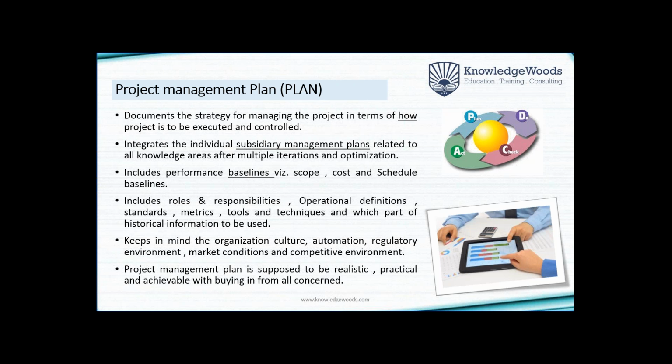But when you make the project management plan, keep in mind your own organization, your own limitations, the culture of the organization, the extent of automation you have got, right? Which means what would be your speed of work, right? Is it a flat structure or is it a very hierarchical structure?